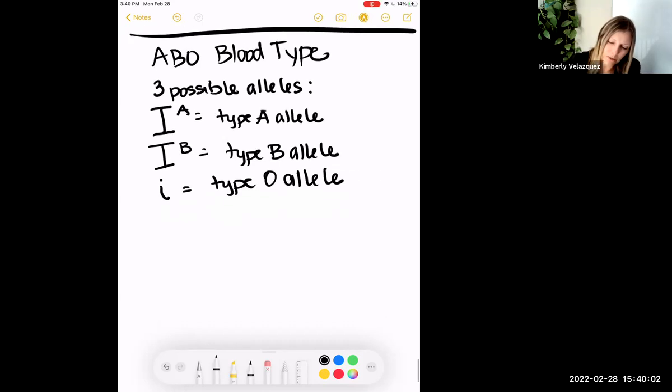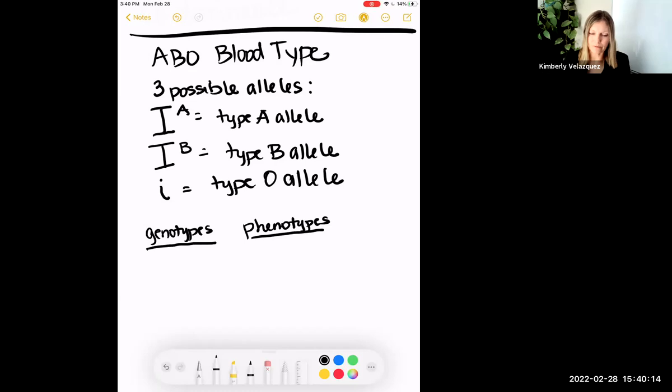So let's look at the possible genotypes and the possible phenotypes for ABO blood type in humans. And when I tell you this story, I'm also going to explain what that big I and that little I mean.